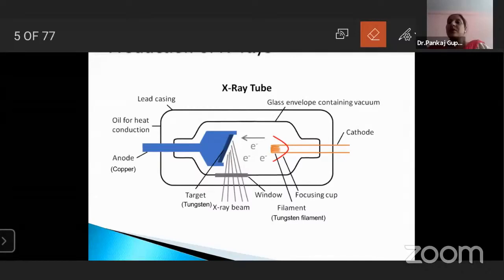Now these X-rays exit from an aperture on the ventral aspect of a glass tube, and then they interact with the body tissues. The photographic record of the interaction of X-rays with the body tissue is recorded on the photographic film, which we commonly know as X-rays.